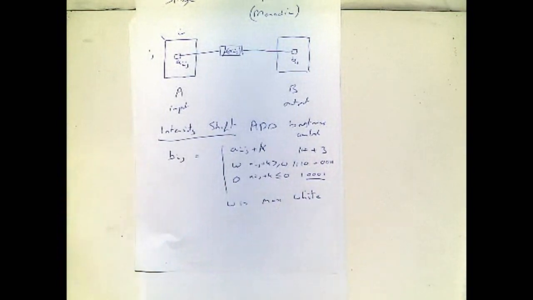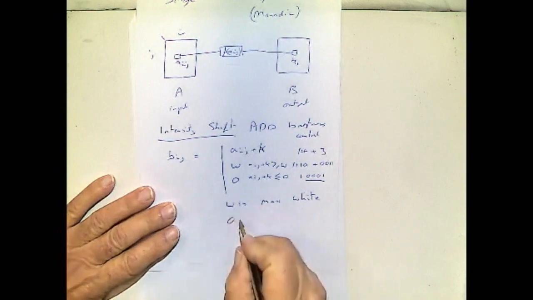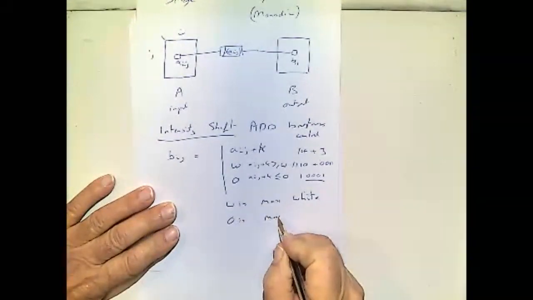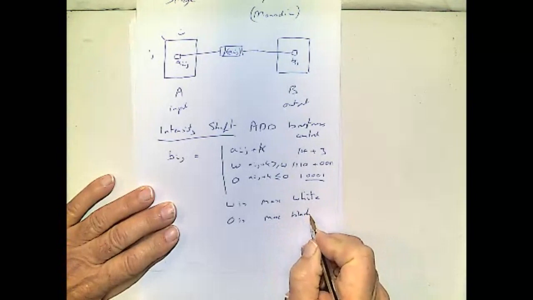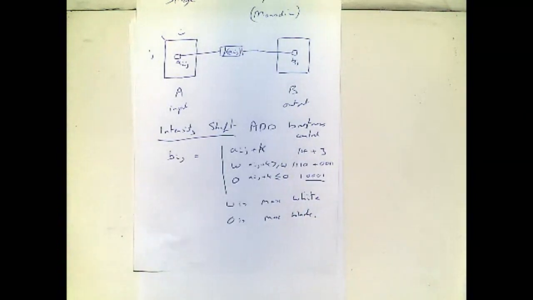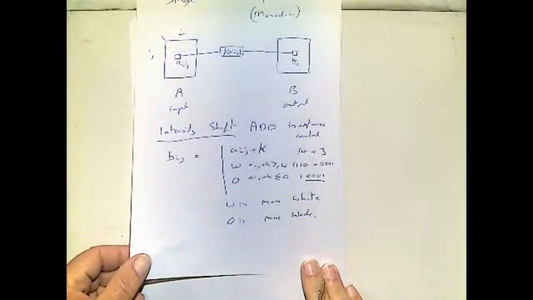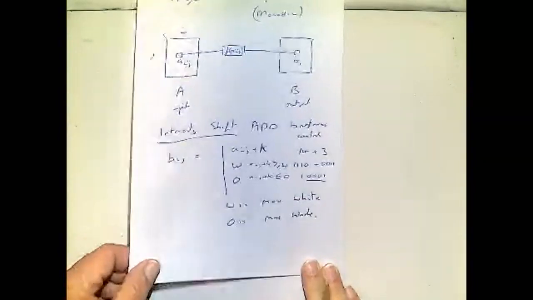And that in 255, 8-bit resolution would be 255, 4-bit resolution would be 15. And 0 is black, max black. Right. Intensity multiply. Can I go on?